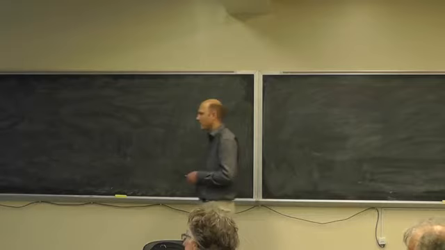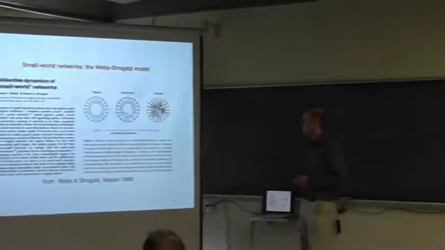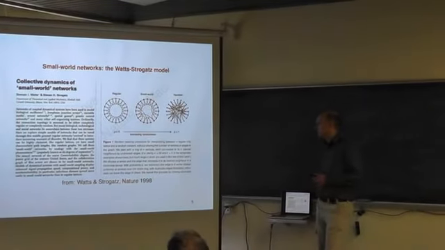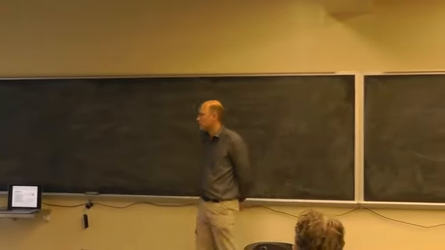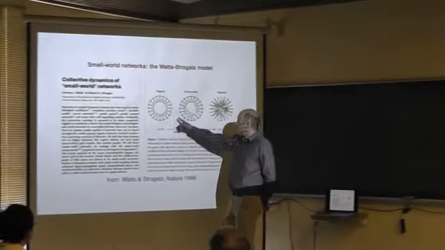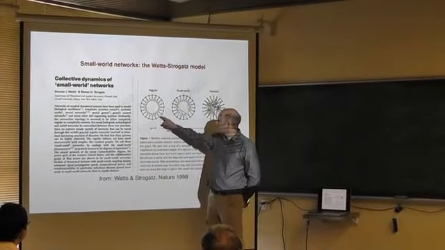And a very important and popular article in this field was by Watts and Strogatz, who designed a very simple model how to observe such a phenomenon. So let me describe this to you. You start with a regular graph like this. This, by the way, is a circular graph that we're going to meet later.